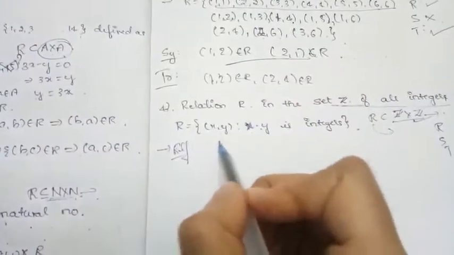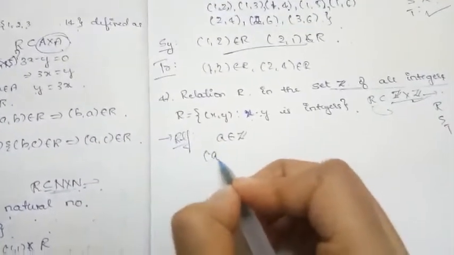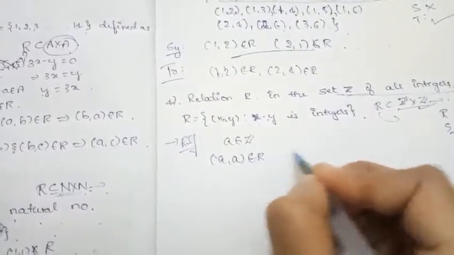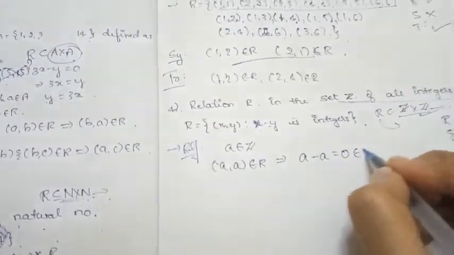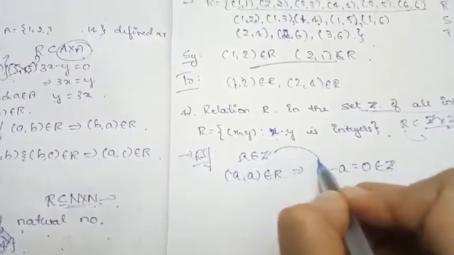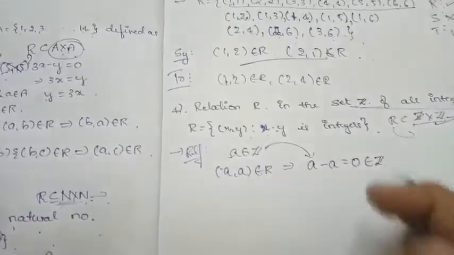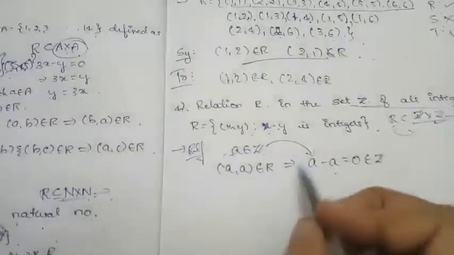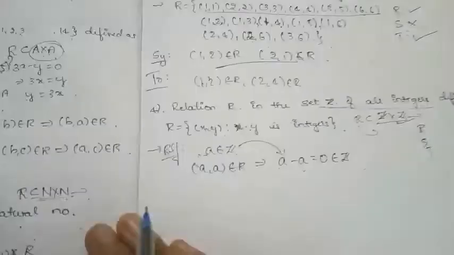So we know that if I take a belonging to the integers, then what does (a, a) say in this relation? If (a, a) belongs to R, what does that imply? a minus a is equal to 0, and 0 belongs to the integers. If I subtract an integer from itself, we get 0. That a might be any integer: it might be 2, minus 2, minus 5, or plus 5.